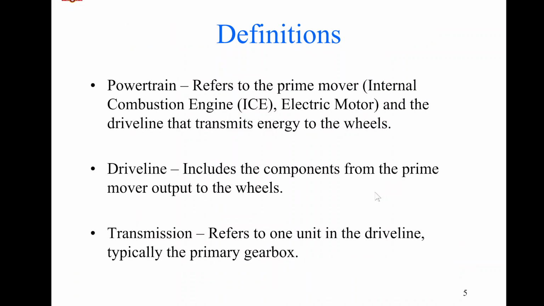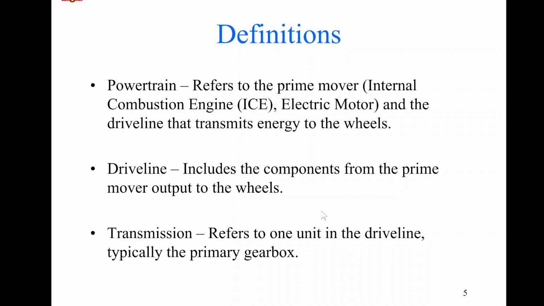So we discussed 3 components. First being powertrain, that includes everything starting from your prime mover and ending at the wheels. The driveline is a set of components which excludes the prime mover and includes everything after that. That would include essentially the transmission and the final gearbox, if any, and your wheels.